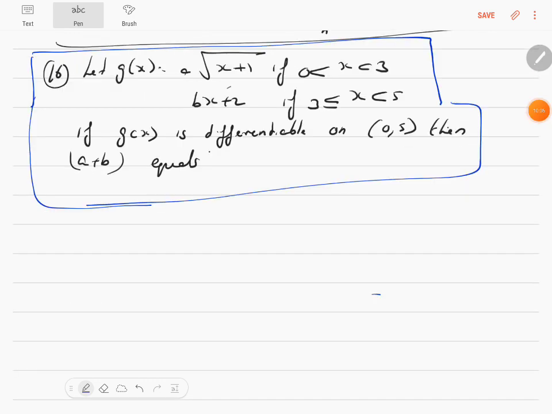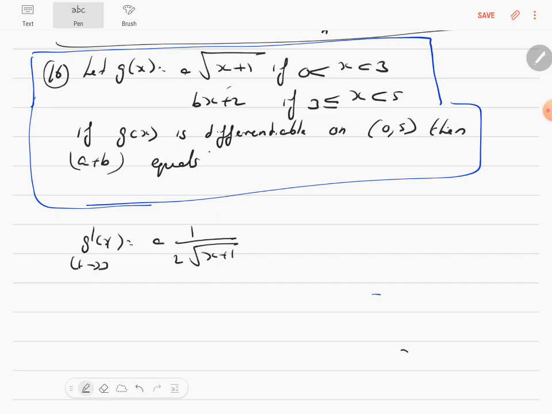So let's look at the question. Let g of x be equal to a into root of x plus 1 and bx plus 2 for different intervals. G of x is differentiable from 0 to 5. So what is differentiability? Differentiability means g dash of x itself is a into 1 by 2 into root of x plus 1 for the left hand limit, if you approach 3 from the left.